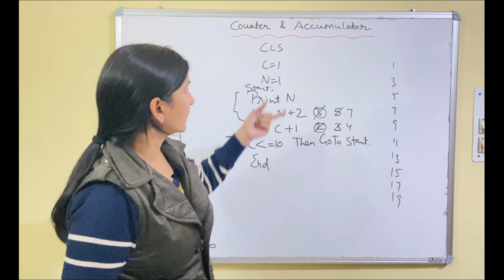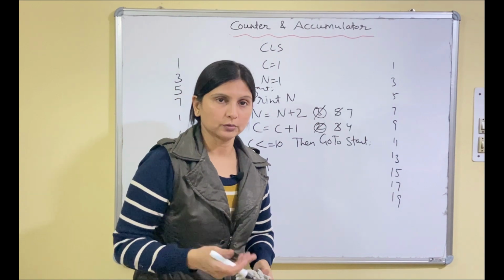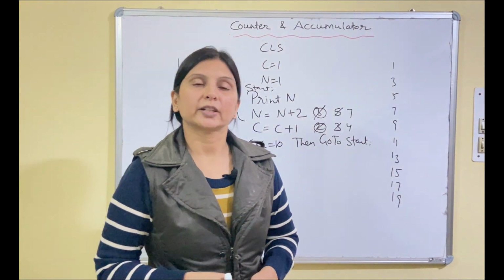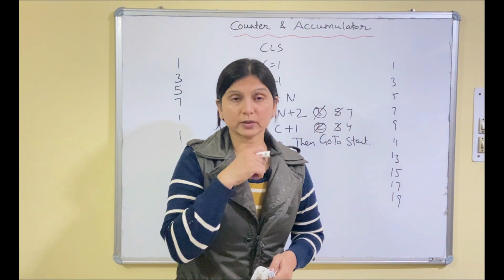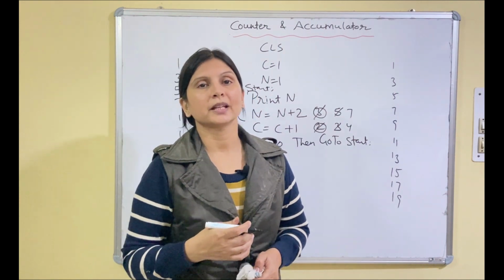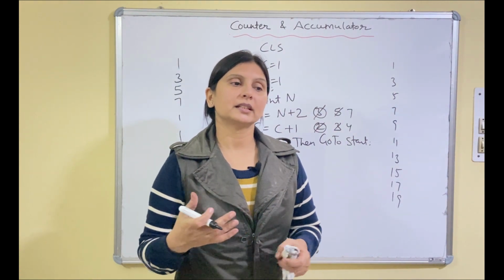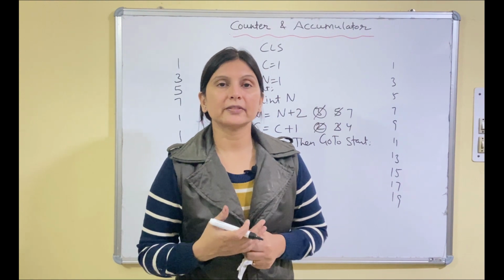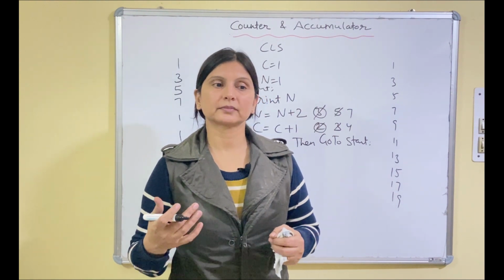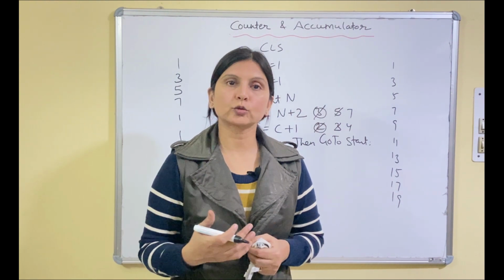So I hope the counter variable is clear. Now we will learn about accumulator variable. So what is the use of accumulator variable? Accumulator variable accumulates the values. Accumulates means इकट्ठा करना, adding together.